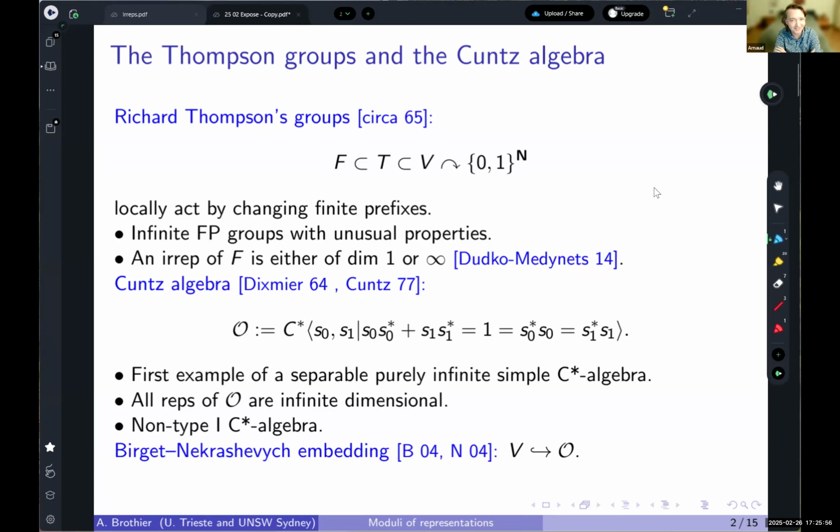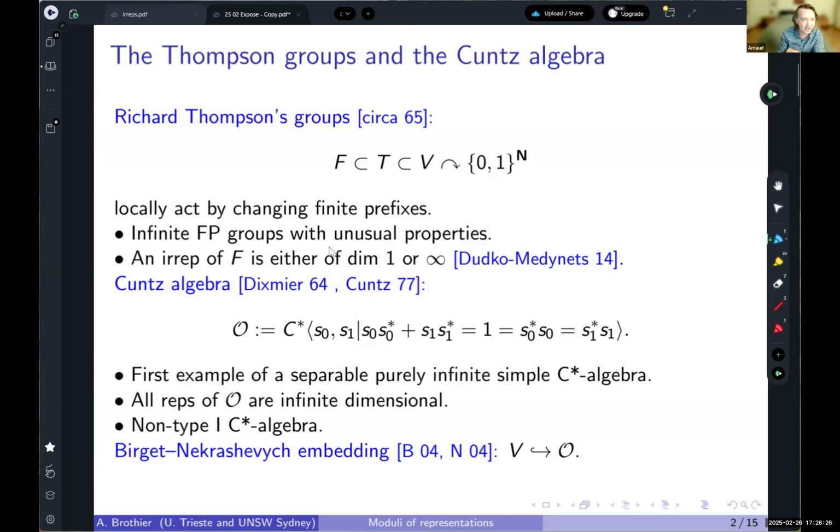I forgot to write it everywhere, but I only look at unitary ones. And one fact that is good to know is that if you take an irreducible representation of F, it's either of dimension 1, in fact factorized by the abelianization, or it's infinite dimensional. It's just to say that it's not so easy to build representations in general for this group and to check if they are irreducible. It's always a hard question for infinite groups.